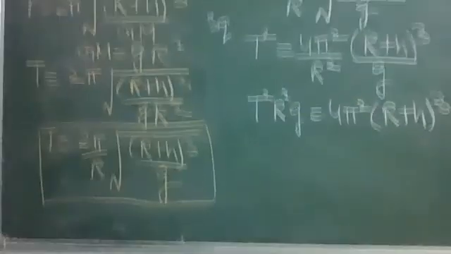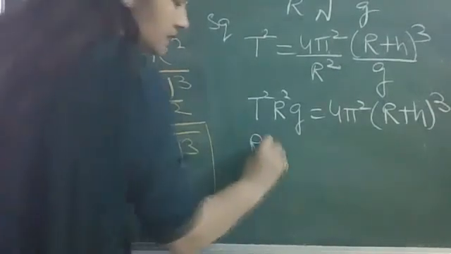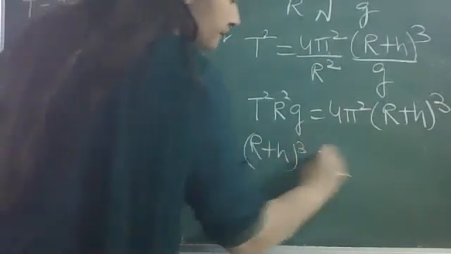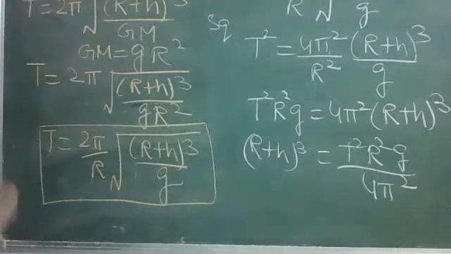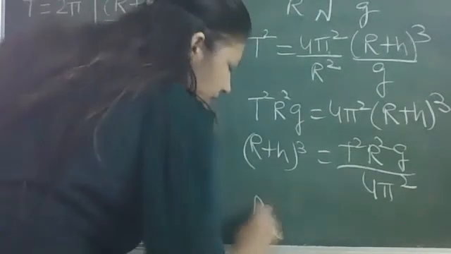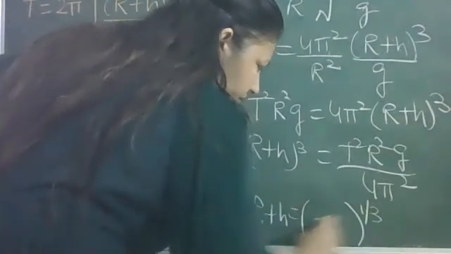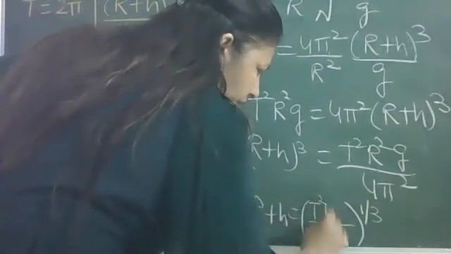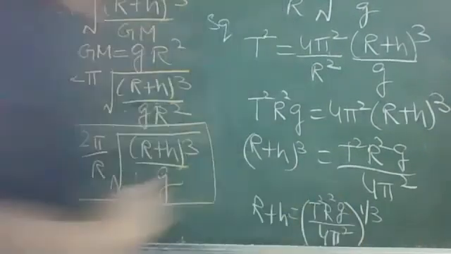We aim to find h out of it. So r plus h cube will be t square r square g over 4 pi square. Next step, we take out r plus h from r plus h cube equal to this. So r plus h will be t square r square g over 4 pi square raised to power 1 by 3.